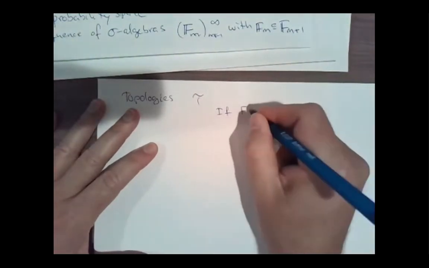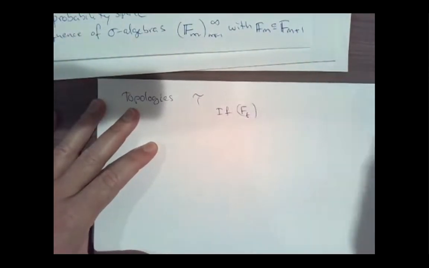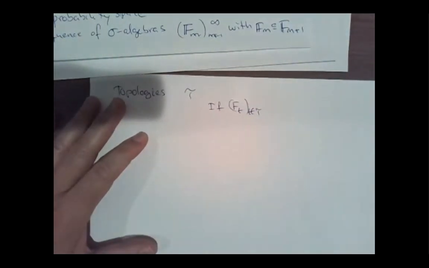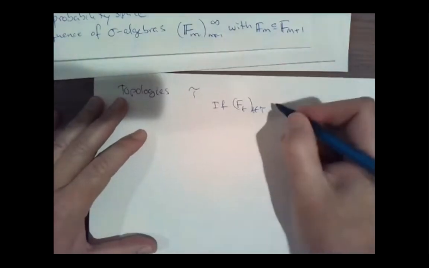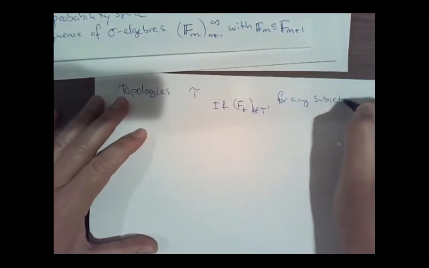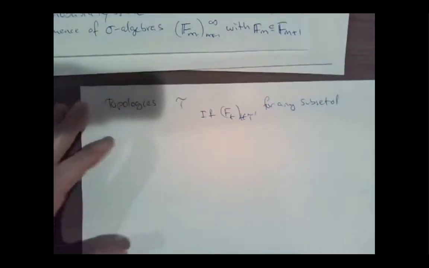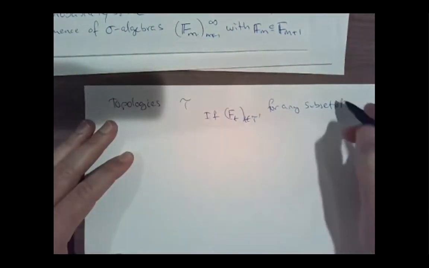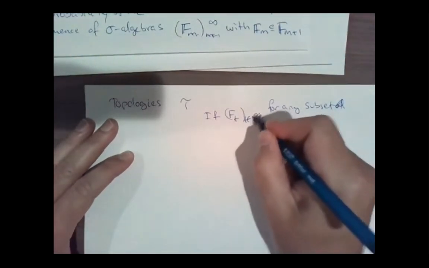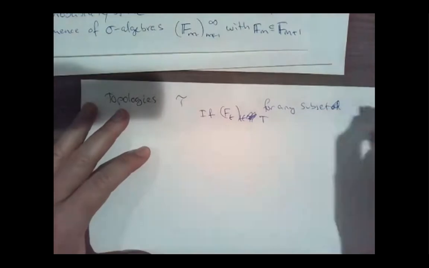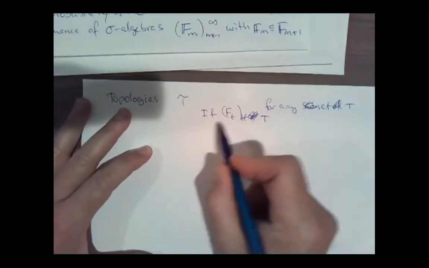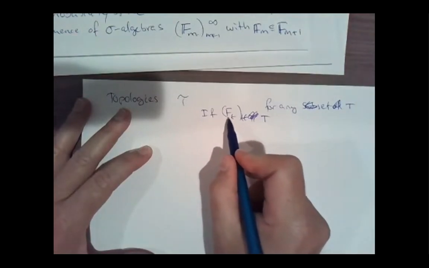my F_t is running through tau or some subset tau prime, so if I have a topology, then for any subset T, or for any set T, I'll not call this a sequence anymore.